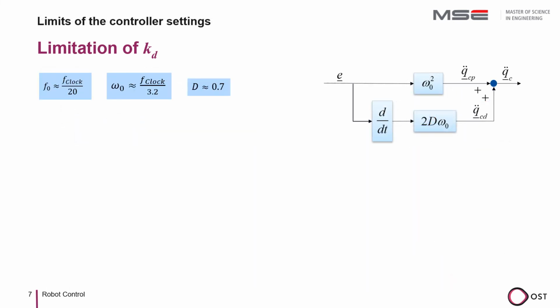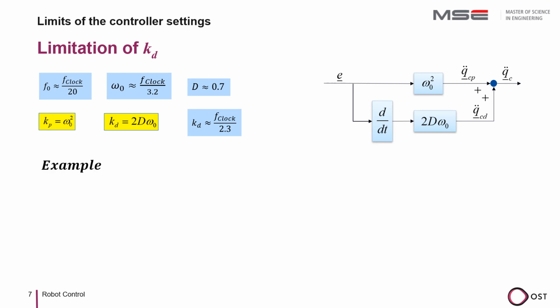So we found that the frequency of the control bandwidth is 20 times smaller than the clock frequency of the digital controller. Omega is 3.2 times smaller than the clock frequency, both under the assumption that 0.7 is used for Lehr's damping measure. The kinematic control constant Kp is, as known, omega squared and the damping constant Kd is 2 times D times omega. Kd is 2.3 times smaller than the clock frequency.